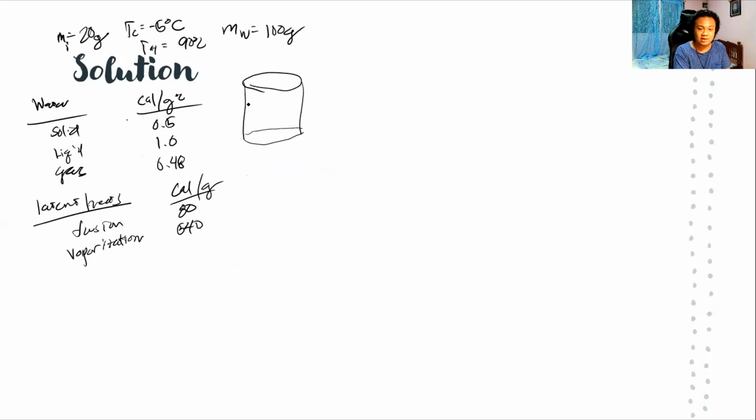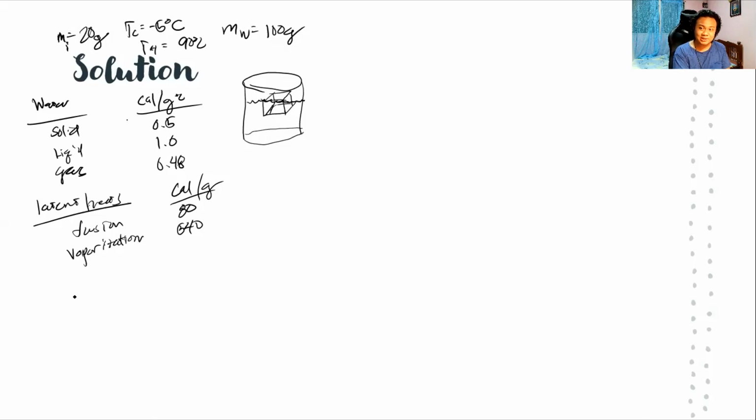So here is 100 grams of water, and then an ice cube is dropped in, weighing 20 grams. So eventually all of this will melt, diba? And then it will reach a new equilibrium temperature. So we are asked to find the equilibrium temperature now, or the final temperature of this system, diba?